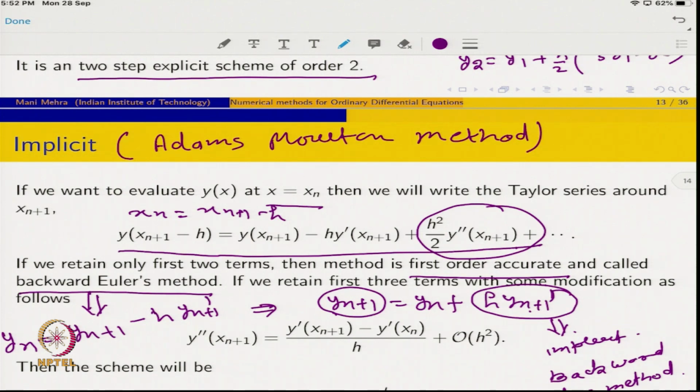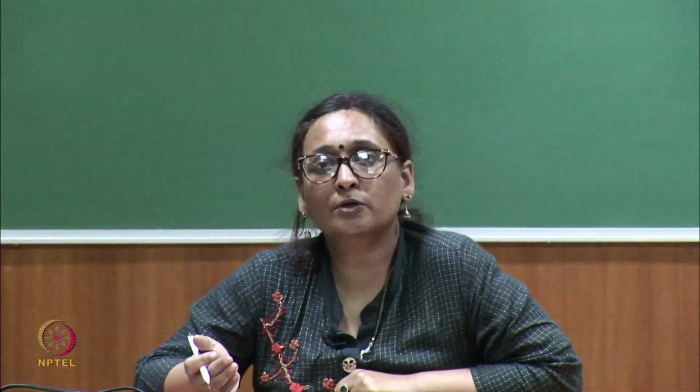Like in the previous case we have seen how to develop high order accurate explicit methods. They come under the category of Adams-Bashforth methods. So, basically the whole idea is Adams-Bashforth methods can be of different order, as well as Adams-Moulton methods can be of different order, depending on the desired order.